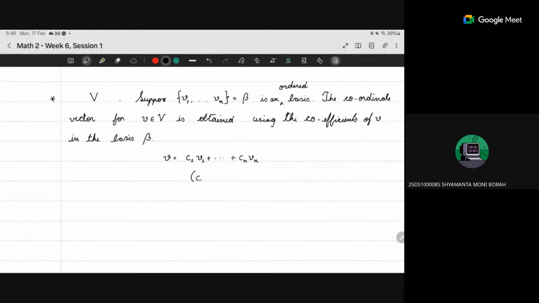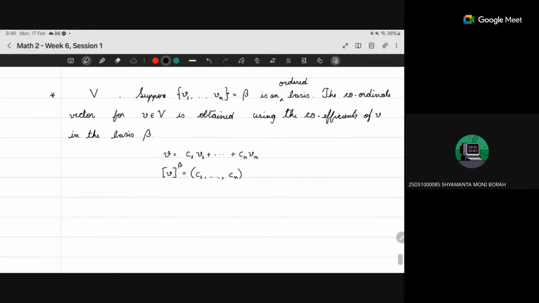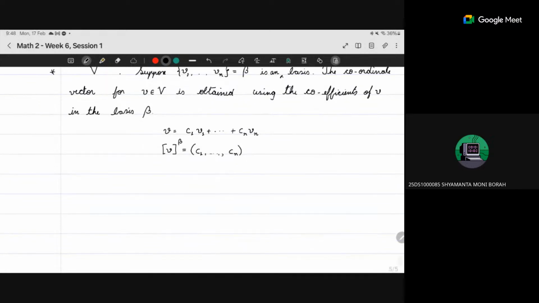That is just this vector c1 through cn. This is a vector in Rn, by the way. This is the coordinate vector, so we denote it by v beta. v beta is the coordinate representation of the vector in this given basis.